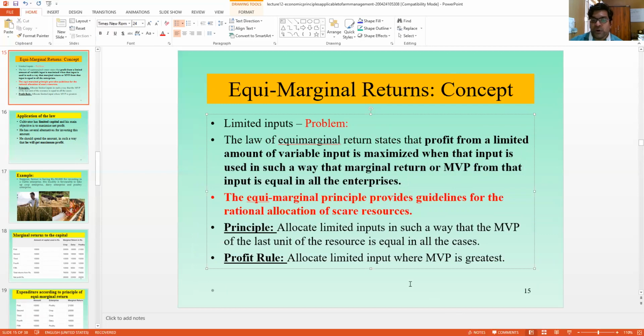Or the profit rule is what? Allocate limited input where MVP is greatest. And when you have the last unit of capital, allocate it to that enterprise from which the MVP obtained is equal to the MVP of the previous enterprise. Are you getting it? Right.